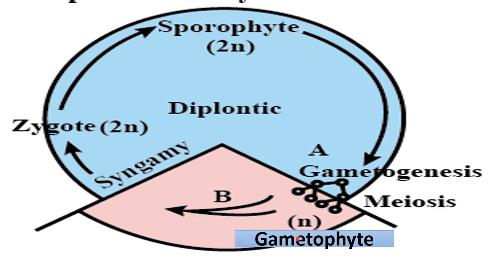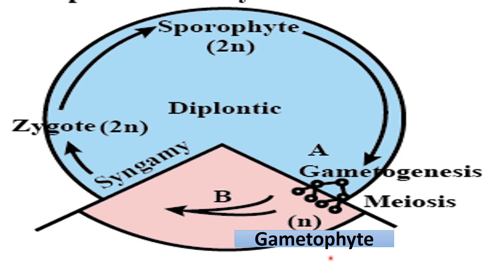So we can say here the gametophyte is formed, and gametogenesis also occurs in the gametophyte, which results in formation of gametes. So this complete phase from here to here is diplontic phase, and here where the gametophyte has been formed, that is haploid structure. It is representing the haploid phase of these plants.